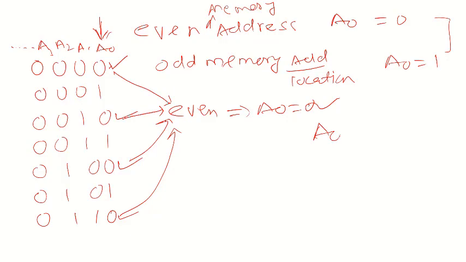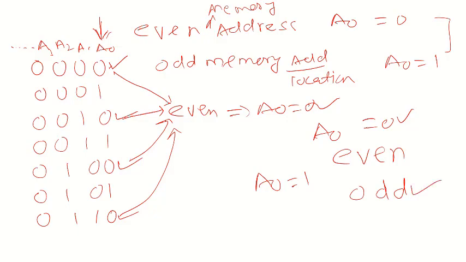So whenever A0 is 0, the even memory bank will be selected, and whenever A0 is 1, the odd memory bank will be selected. That is the A0 chip select signal for the even bank. For the odd bank, the chip select signal is BHE, Bus High Enable, to provide the higher data byte. Based on A0 and BHE, the data byte is selected.